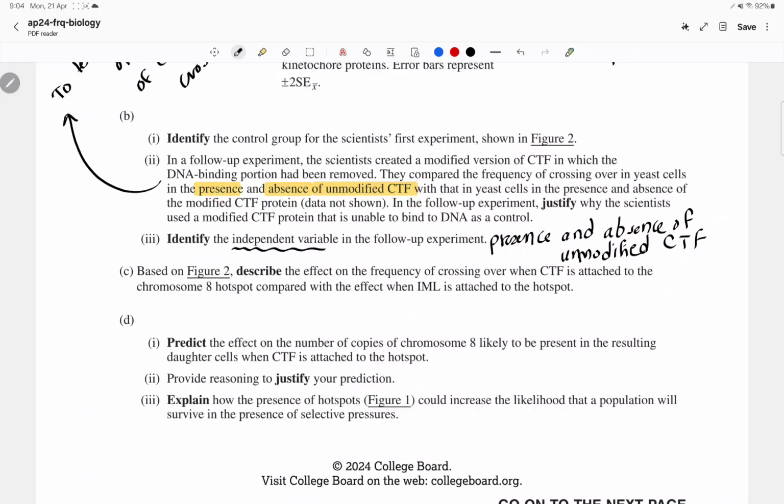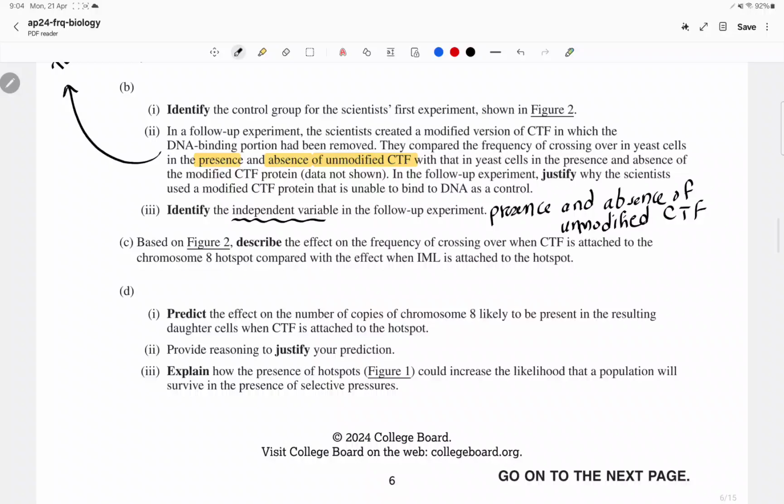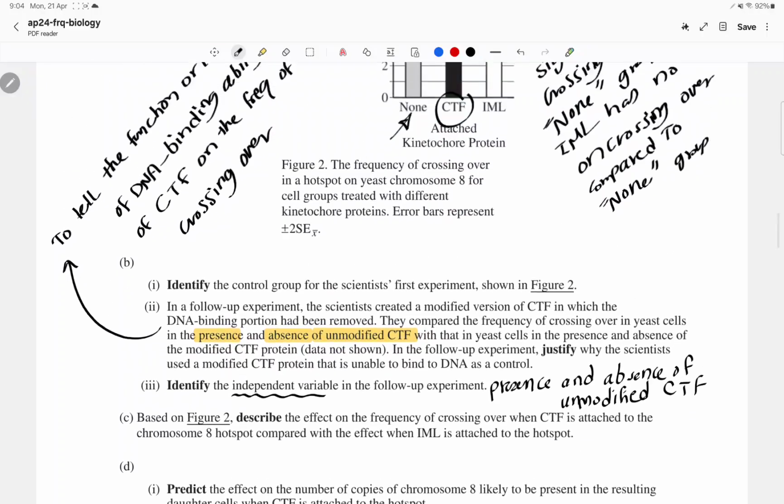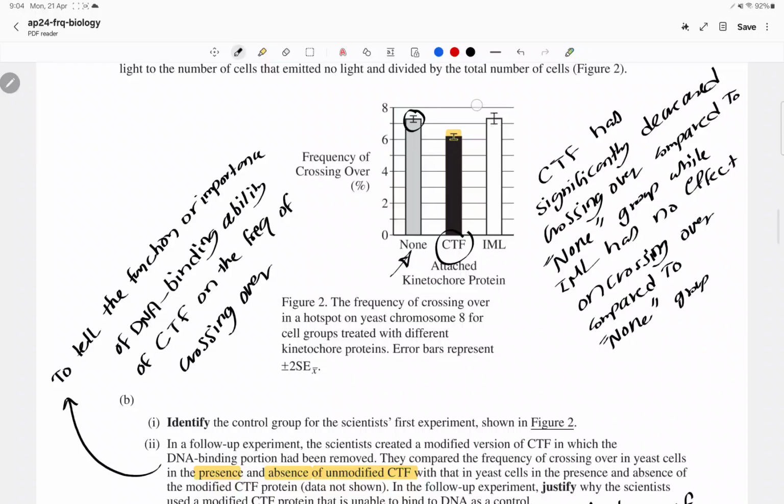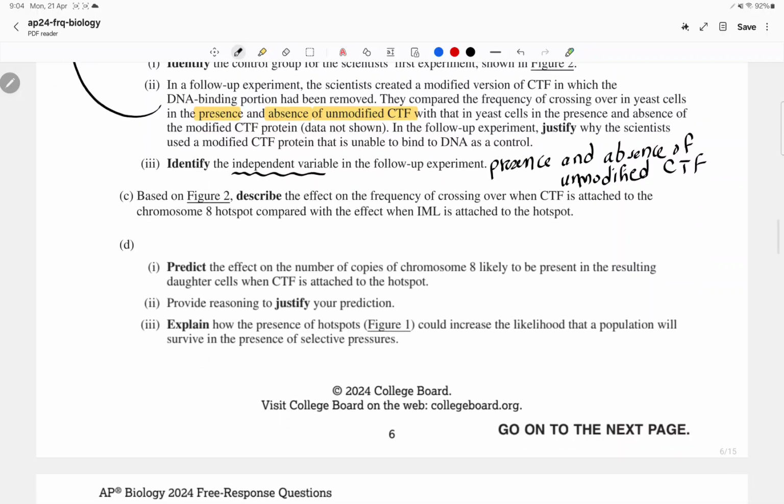So, D. Predict the effect on the number of the copies of chromosome 8 likely to be present in the resulting daughter cells when CTF is attached. Well, we can tell here that CTF was able to bring the frequency of crossing over down. CTF resulted in less crossing over, right?